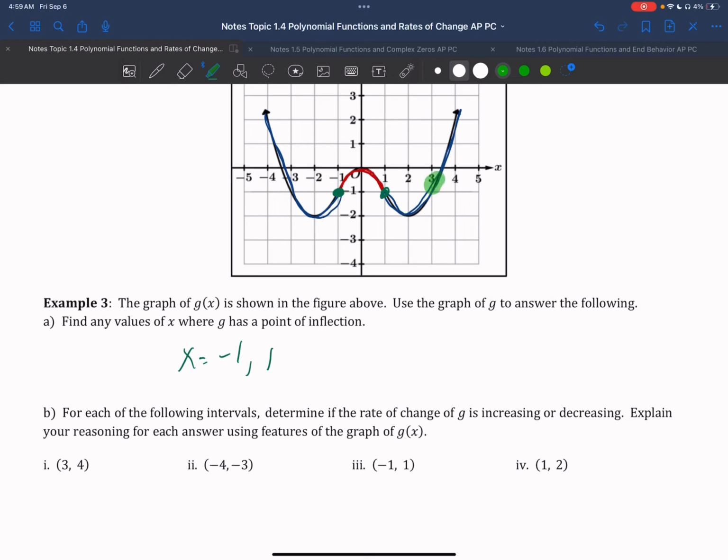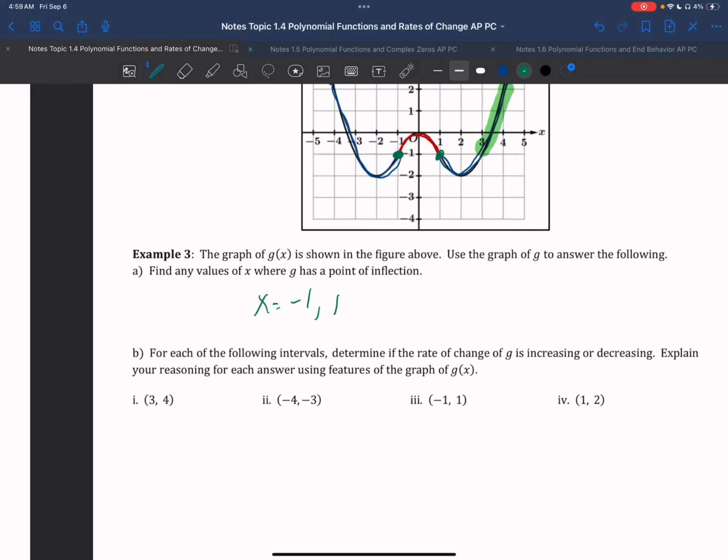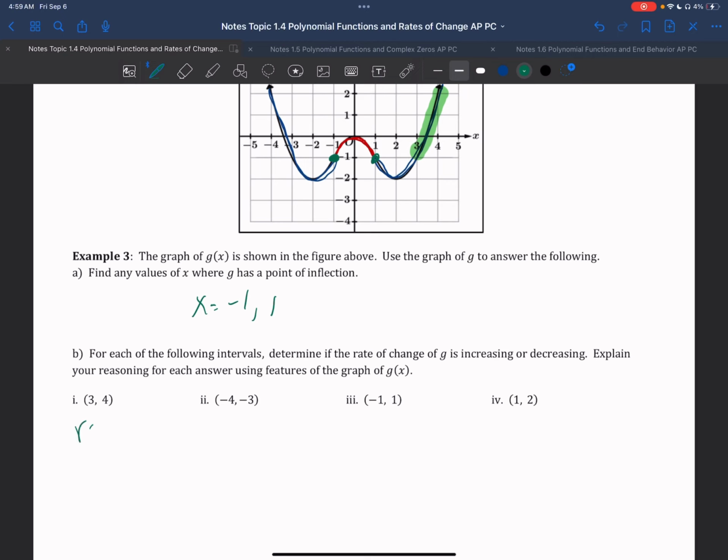From x equals 3 to x equals 4, I'm going to say that my rate of change is increasing because g of x is concave up.